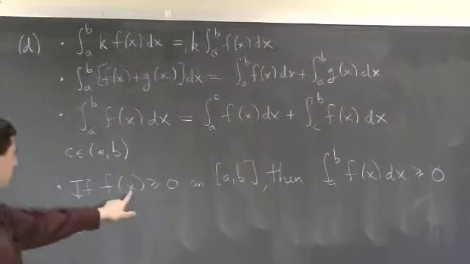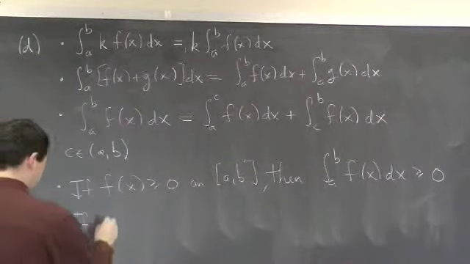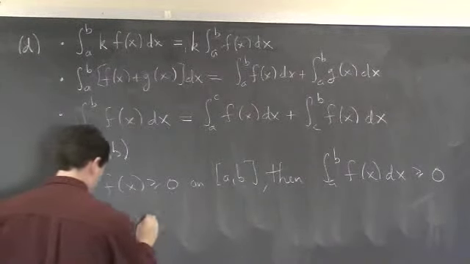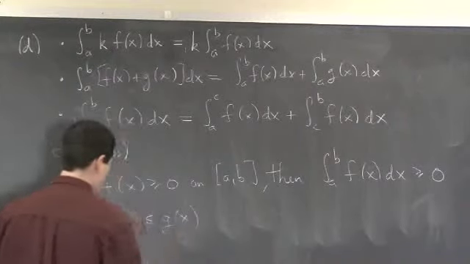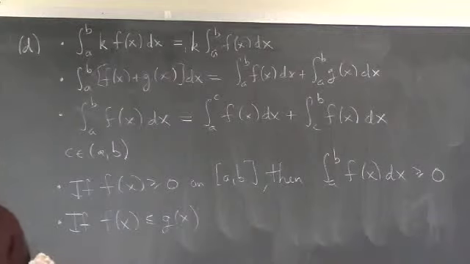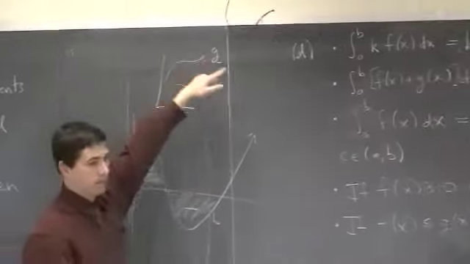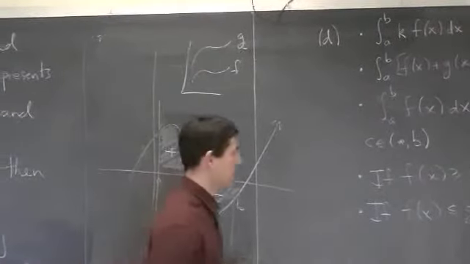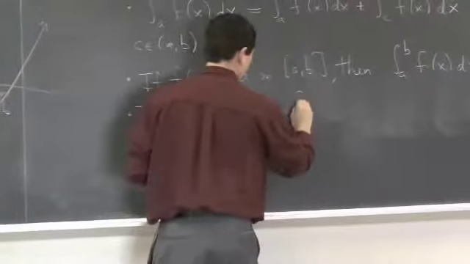Let's say instead of just choosing f of x as 0, we have two functions, and g of x is a bigger function than f of x. Wherever f goes, g is always bigger, at least on [a, b].